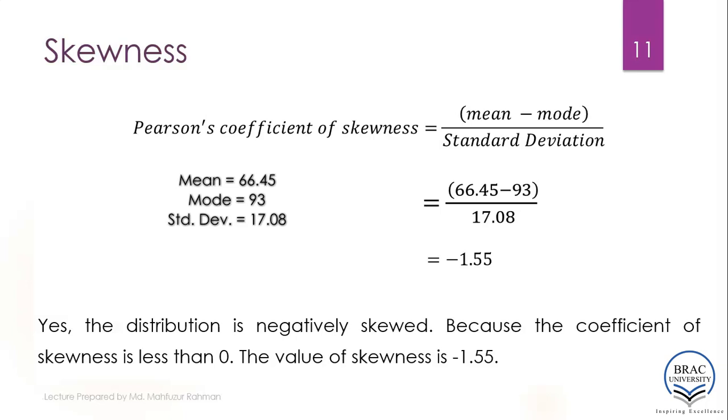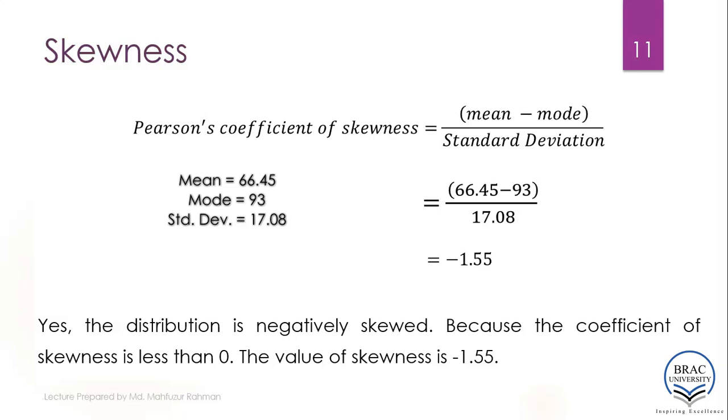So remember one thing: whichever skewness formula you use, or whatever the value is, that doesn't matter. All that matters is whether it is greater than 0 or less than 0. If it gives us a value greater than 0 for all of the skewness formulas, then you can say yes, this is a positively skewed distribution.